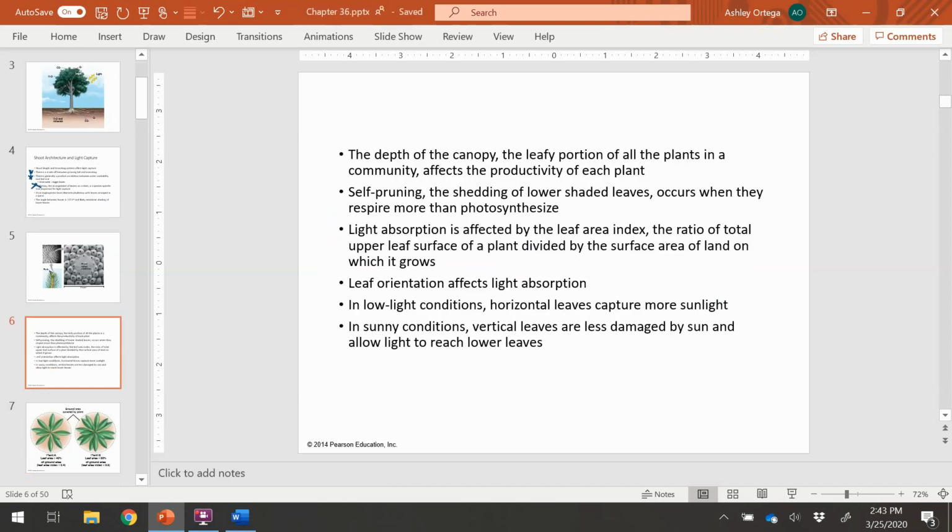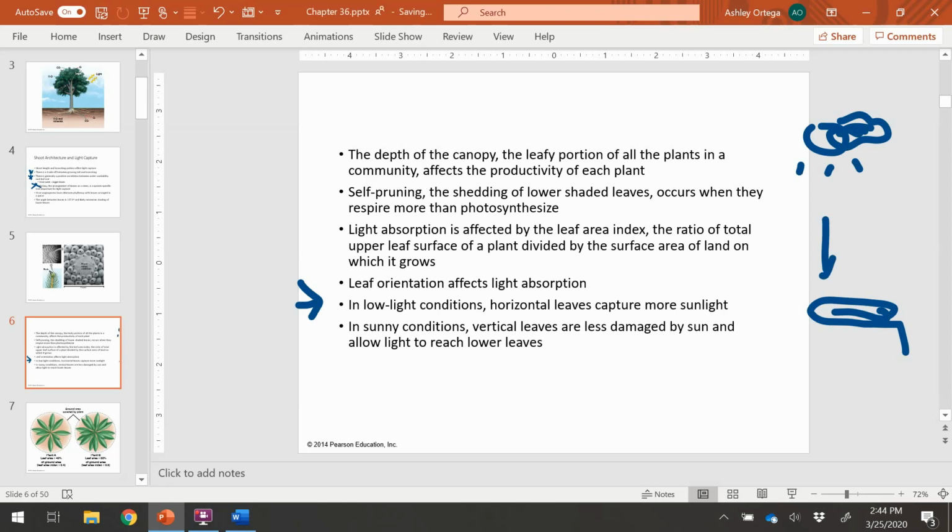More general trends of plants we want to know, and some of these are very self-explanatory, in that low light conditions, horizontal leaves capture more sunlight. And so if you were to have a sun and it's not shining very much, there's just a lot of clouds blocking it, a horizontal leaf is going to capture more of that sun than a vertical leaf.